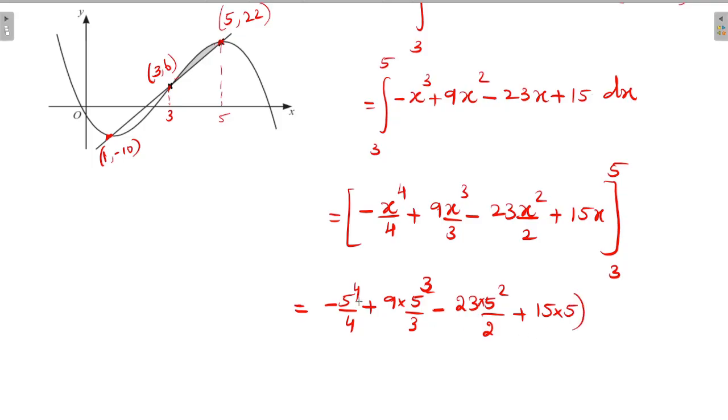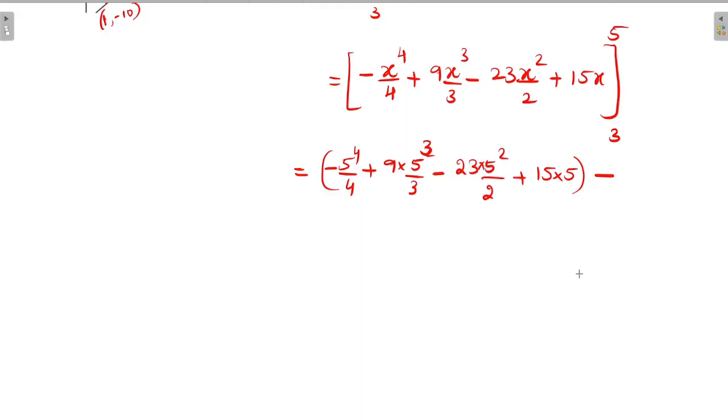Minus the lower limit, which is −3 to the power 4 over 4 plus 9 times 3 cubed over 3 minus 23 times 3 squared over 2 plus 15 times 3.